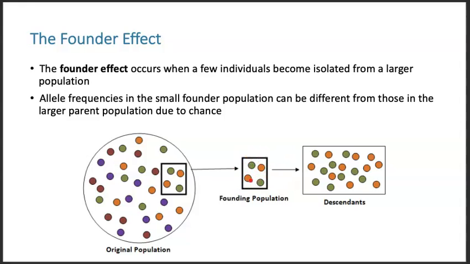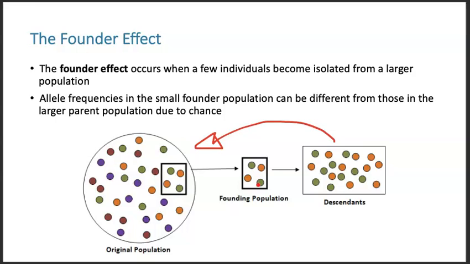Maybe they got blown off course or something along those lines. This small population of founders does not represent the allele frequency of the original population. And so just by moving from one place to another and being a small subset, your descendants do not represent the same allele frequency as the original population. That's evolution, just by moving or founding this new thing.